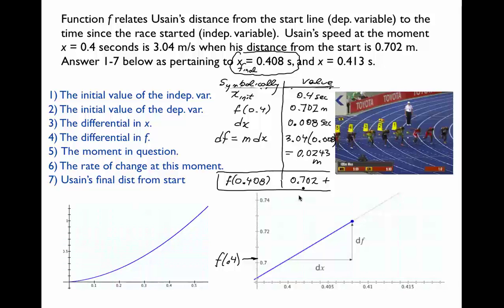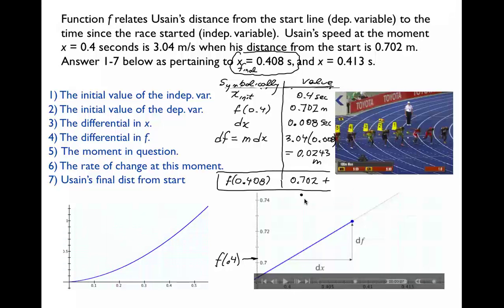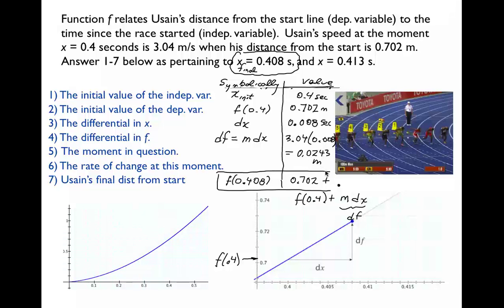So initial, which would be f of 0.4, is our initial, plus how much it changed. So I could write df here, or I could write, what else could I write? M dx, or df. And that change we just found, 0.243.